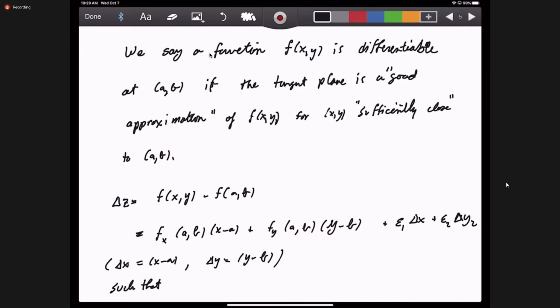And so this is the error term between the function and its tangent plane approximation. And what we want is that epsilon 1 and epsilon 2 both go to 0 as delta x and delta y go to 0.